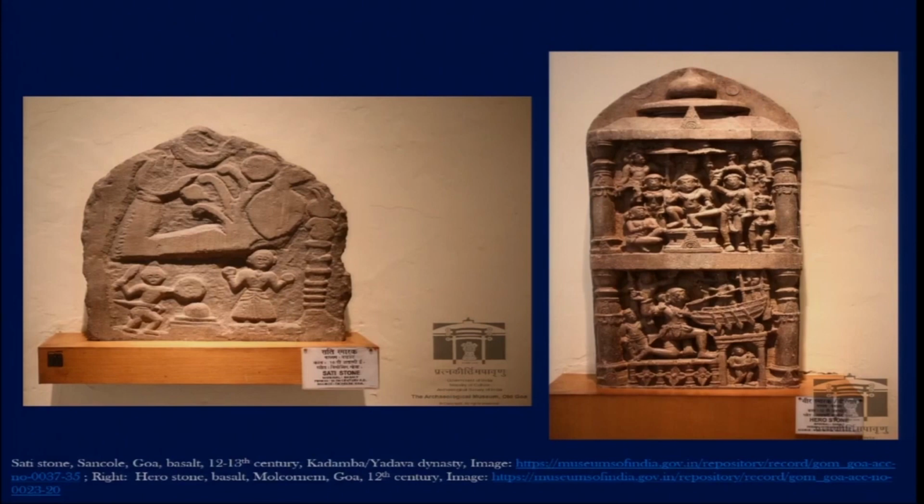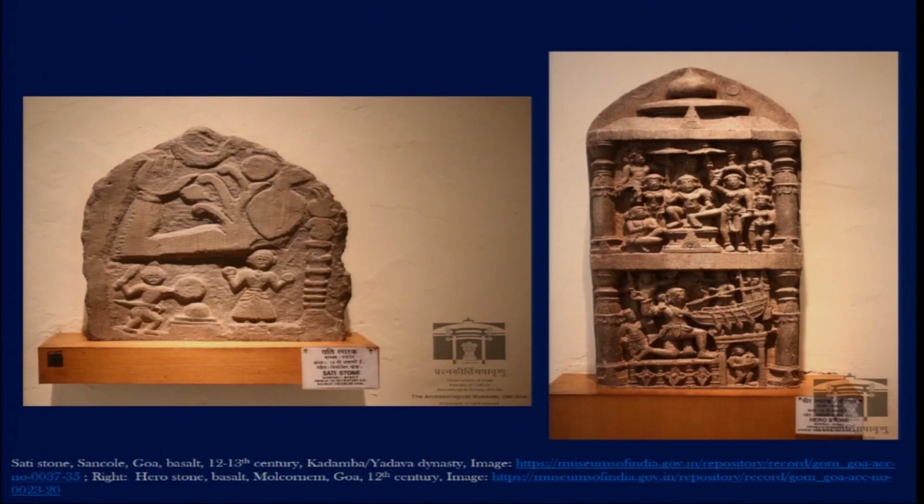And then there are two registers of narrative, all of which are similar to the other hero stones, the other Sati stones. But when we see the kind of execution that has taken place here, the execution is drastically different.